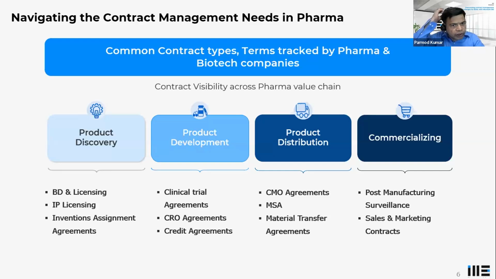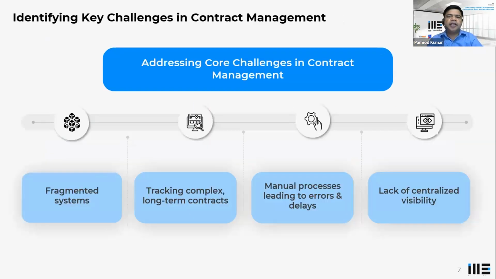Now, moving on to the next slide, these are the challenges we have been seeing in managing contracts through Excel or any other tool. Typically, the information is highly fragmented. Information is lying in multiple systems, causing inefficiencies, missed updates, and lack of integration, and visibility is not very clear to the leadership team.